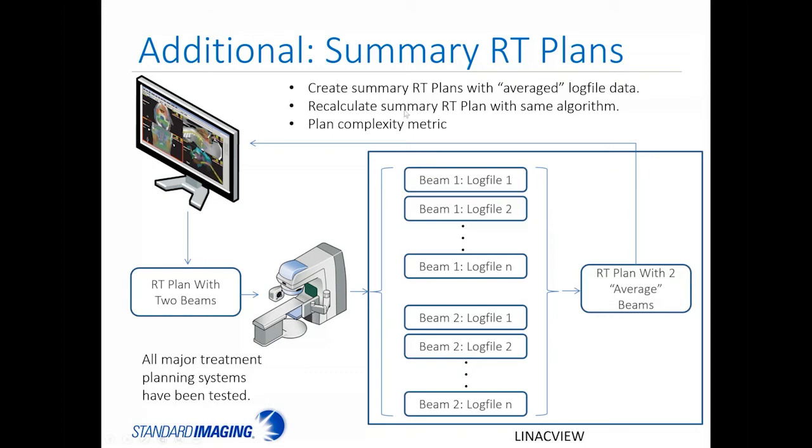This can be sent back to your treatment planning system so that you can review the actual delivered plan as reported by the log files and compare that to the RT plan that was initially generated by the treatment planning system. And all major treatment planning systems have been tested.